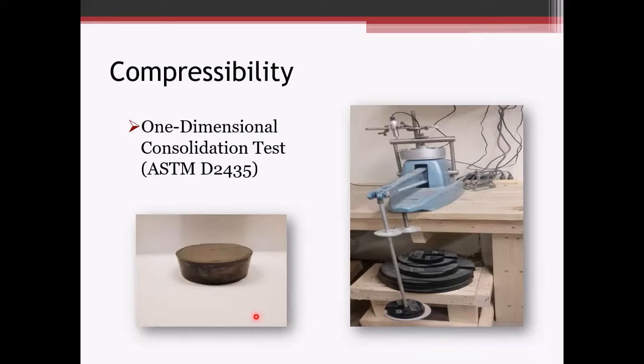You can see here on the left, this is a 2.5 inch diameter by 3/4 inch high consolidometer ring. The clay sample, which is typically going to be a Shelby tube sample, is placed in there, and then it's placed in the consolidometer. And then it's loaded so that the load versus deflection can be determined.